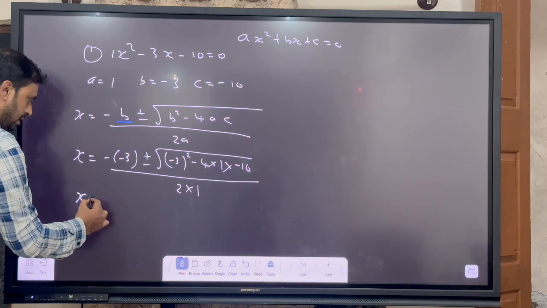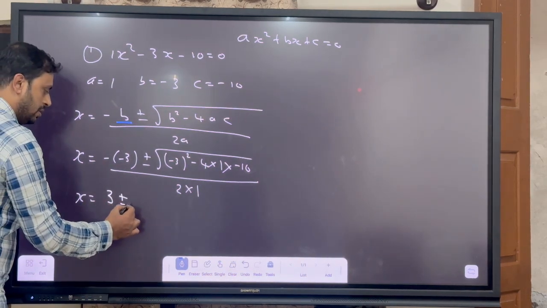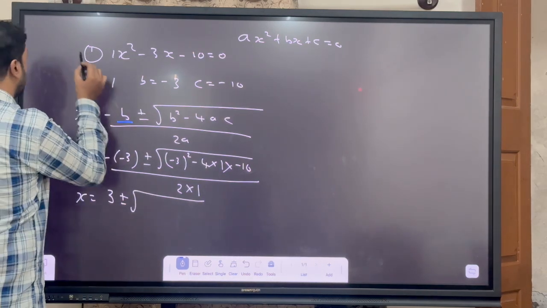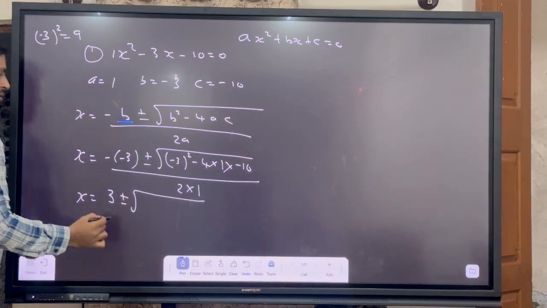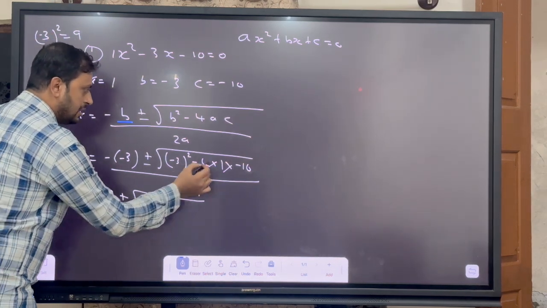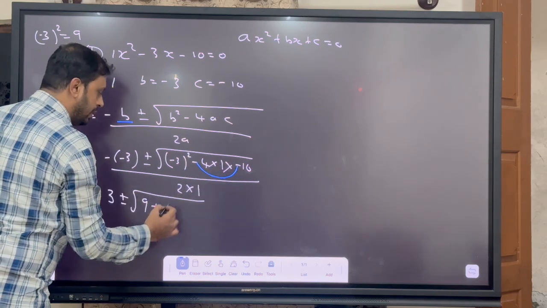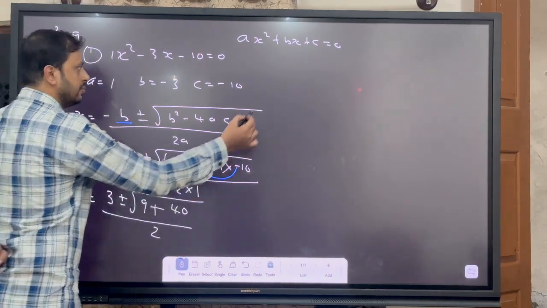So x is equal to minus into minus plus 3 plus or minus root of, minus 3 whole square is plus 9. So 9, minus into minus plus, 4 1s are 4, 4 into 10, 40, divided by 2 1s are 2.